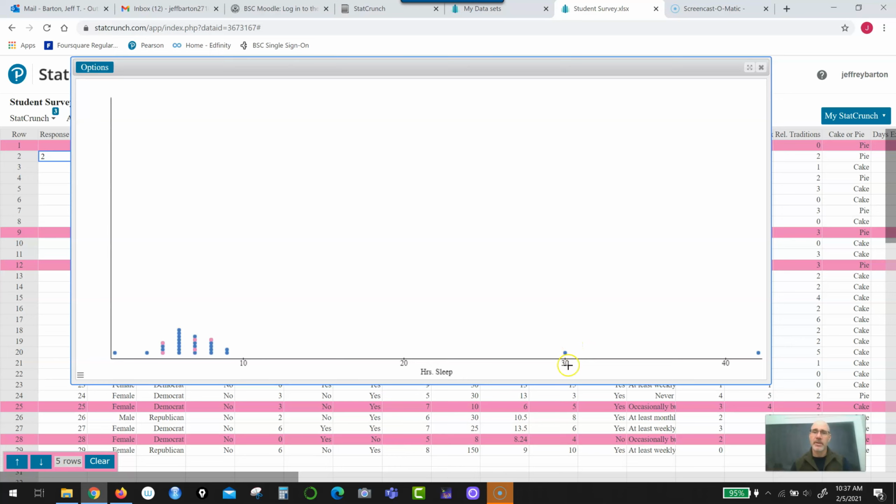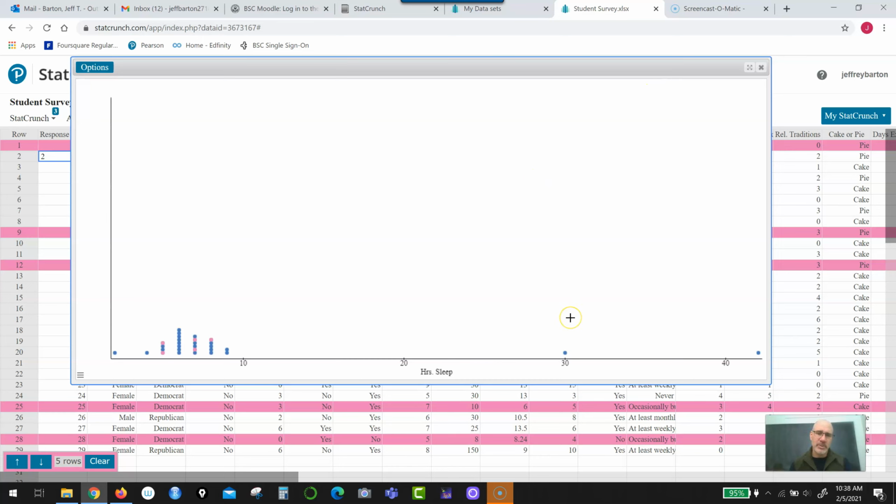And so when something like that happens, for one thing, a graph is really good at showing you where some sort of weird data might be, and then it's up to you to figure out what to do with it. So what I think we should do is just divide those by 7 and get what should be a reasonable daily value for the hours of sleep.